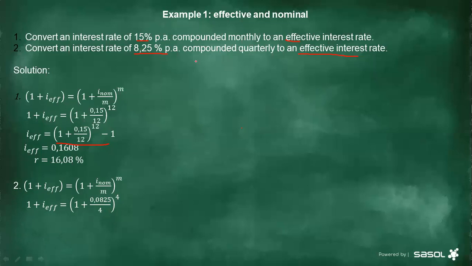Then it is compounded quarterly, so you divide by 4 to the power of 4 there. Therefore, you transpose this positive 1 to the right-hand side. Then just press your calculator, then multiply by 100, and it's going to give us a percentage of 8.51%.